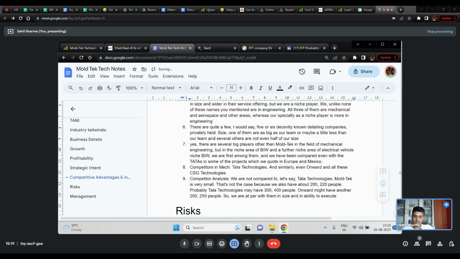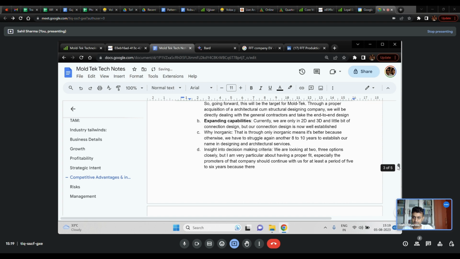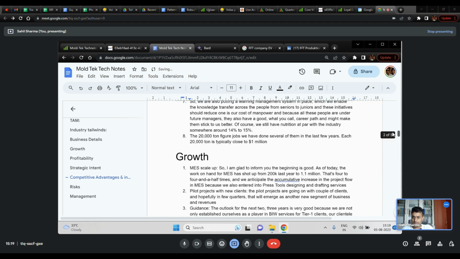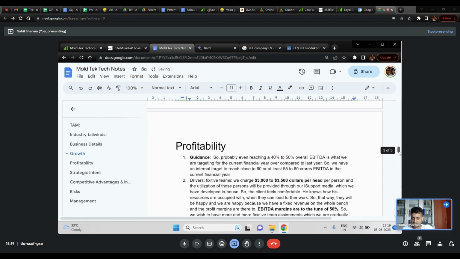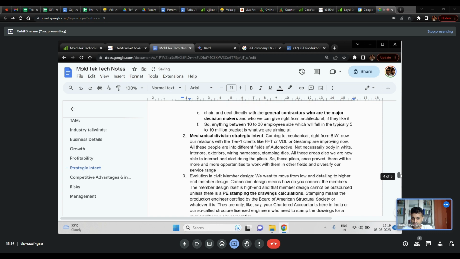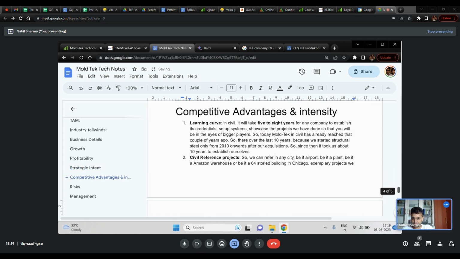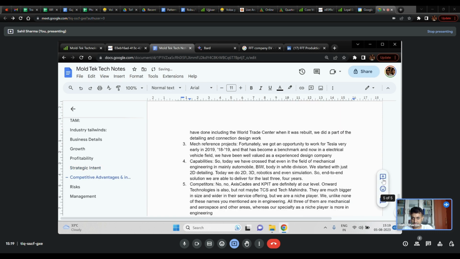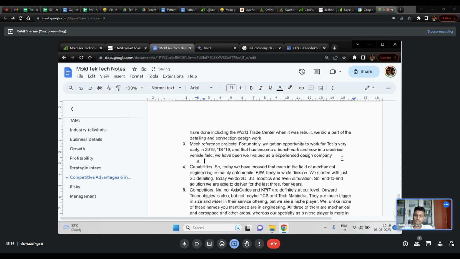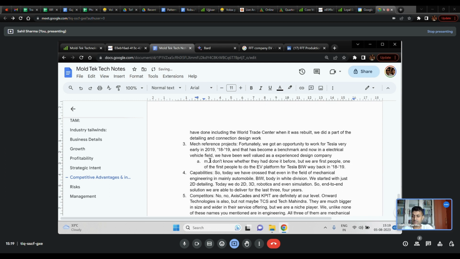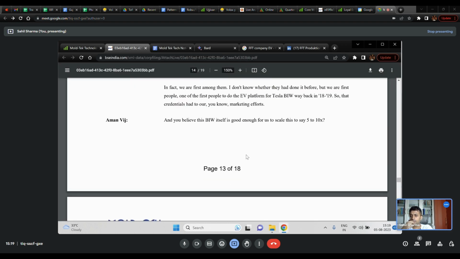Let's add that in the competitive advantage part of it in mechanical reference projects. They did BIW for Tesla.